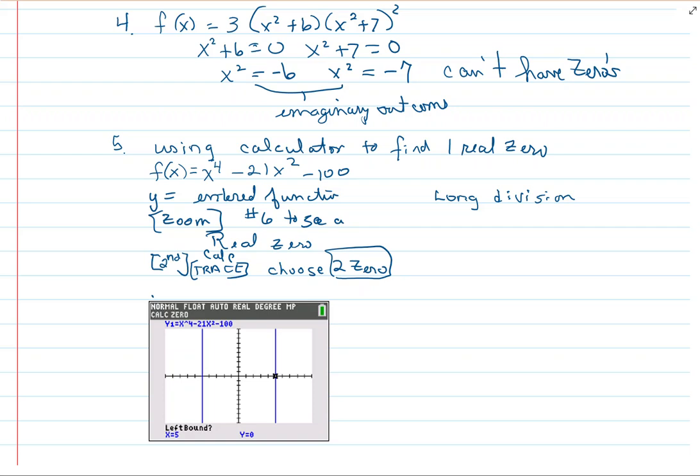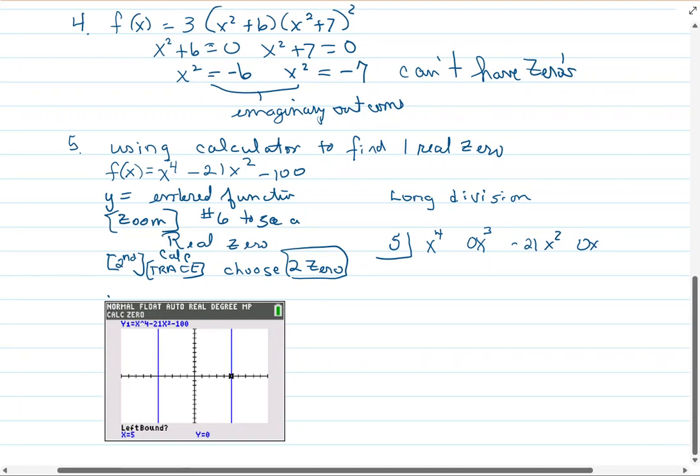So I know that 5 is a part. So I'm going to write x to the 4th, 0x to the 3rd, and then I'm going to have negative 21x squared, 0x, and then I'm going to have a negative 100. These are just placeholders. You do it however you want.